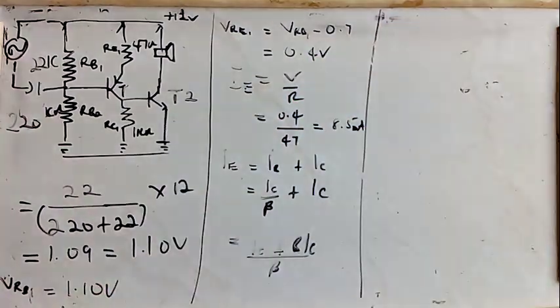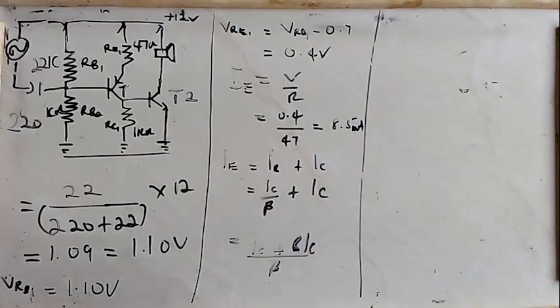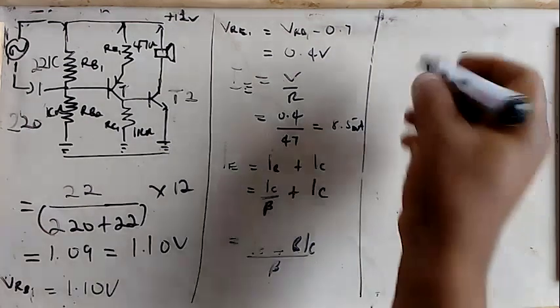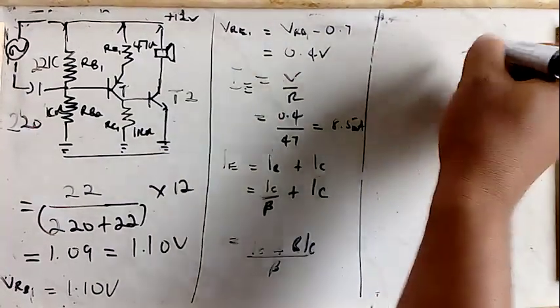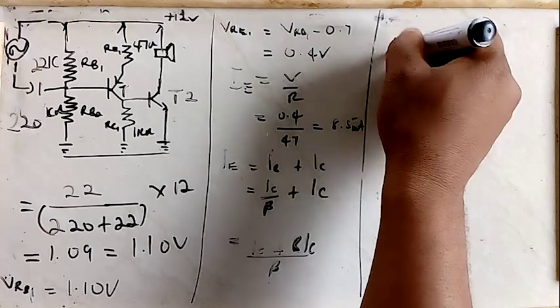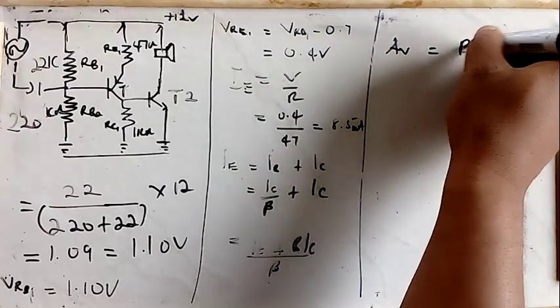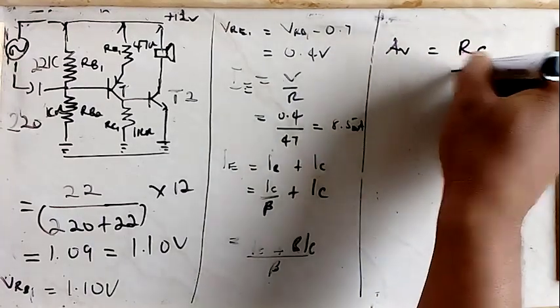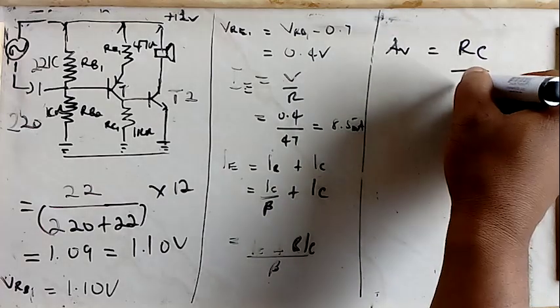Now let's consider the voltage gain of the succeeding stage built around transistor T2. Now voltage gain for the common emitter amplifier is determined by resistance in the collector divided by resistance in the emitter.